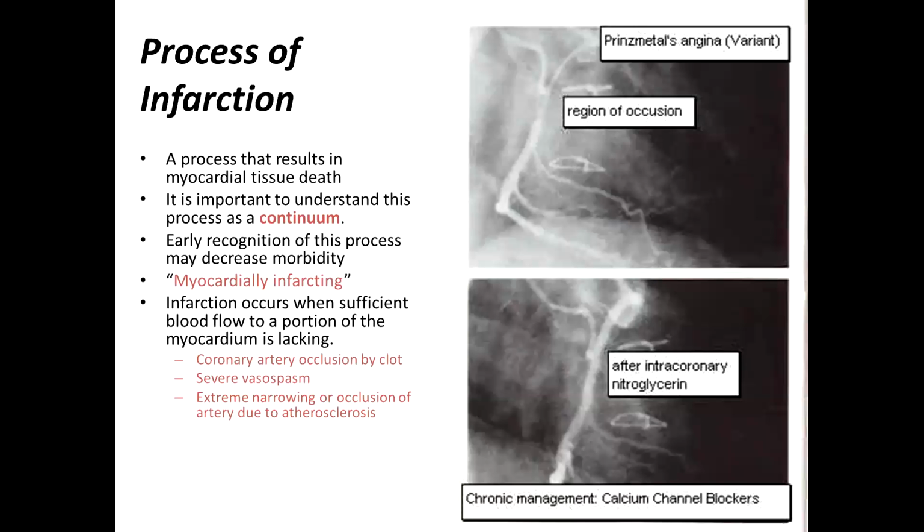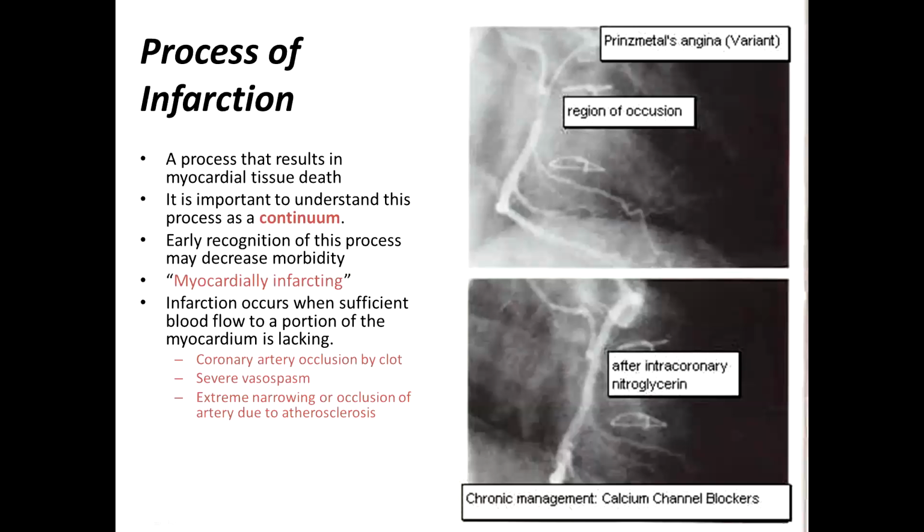Okay. But if we go back to the left side and look at the words, it's really important to remember that the process of infarction is a continuum, it isn't something that just happens right now. And therefore, recognizing early signs is really important for decreasing the morbidity and mortality in your respective patients. And we're going to talk about that a little bit. Also listed down there are the most common reasons why somebody experiences myocardial infarction.